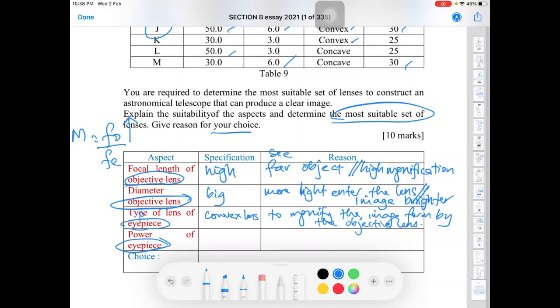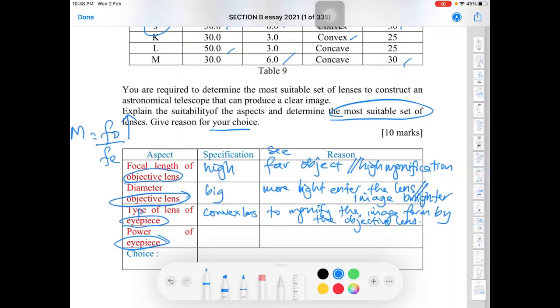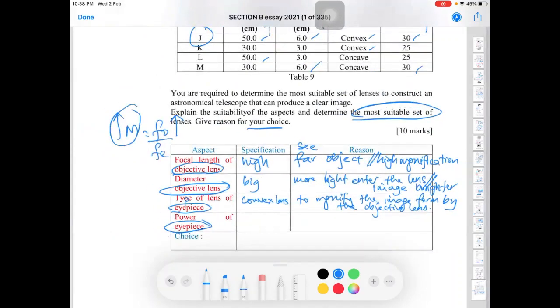Okay, power of eyepiece, nampak tu magnification. Kalau you nak magnification high, maksudnya eyepiece power mesti apa? Mesti high lah. Okay, so power of eyepiece is high. Okay, so bila power high, dia akan dapat high magnification. Boleh juga you dapat shorter focal length.